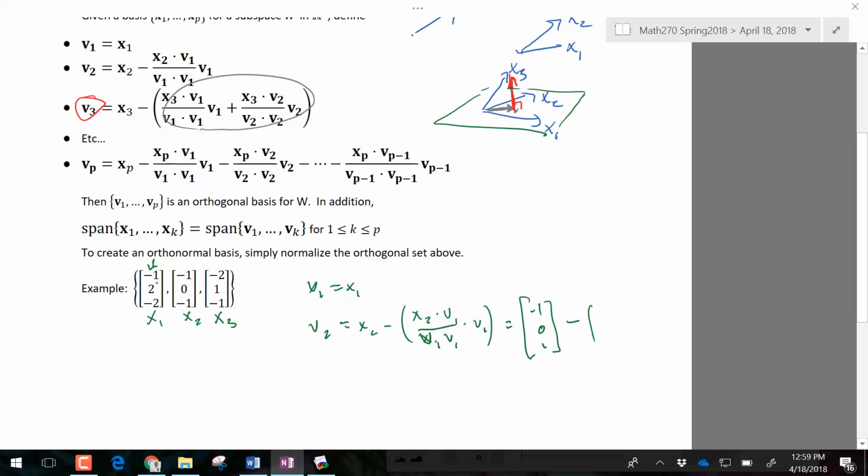Because v1 is x1. So I have a 1 times 1 is 1, 0, positive 2, 1 is 3, right? And then now I want v1 dotted with itself. So that's x1 dotted with itself. 1, 4, and 4, 9, 9, right? Square root of that. Let's put square root of 9, which is equal to 3. And then times v1.